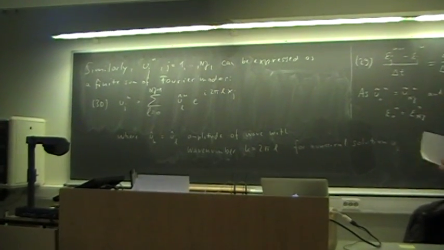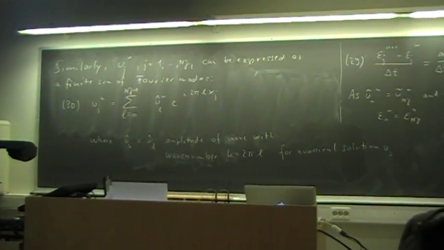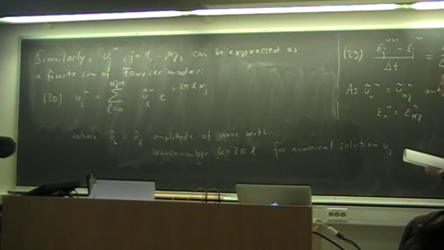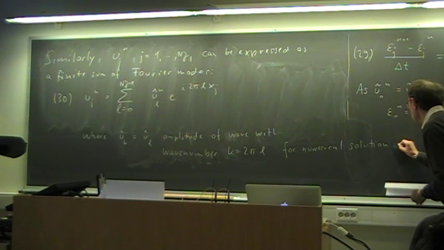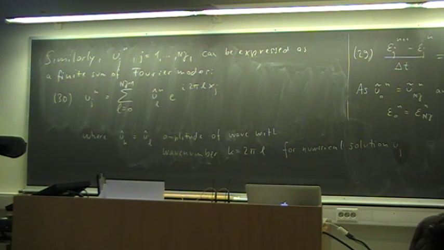I write it in this form, because here it is the amplitude of the wave with wave number for the rounding error epsilon_j, and here it is for the numerical solution. So I want to rather use this form, because as I said, it will make it easier in the end to do the derivation of the stability condition.